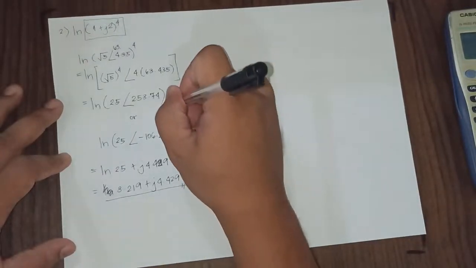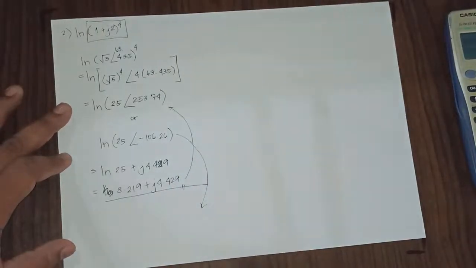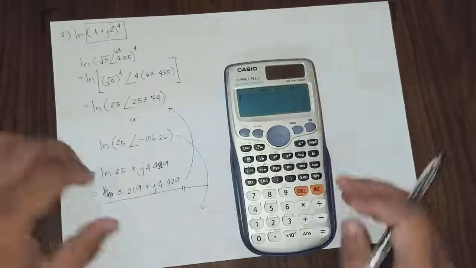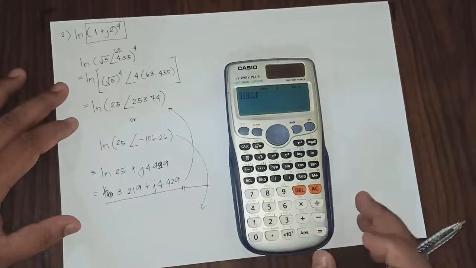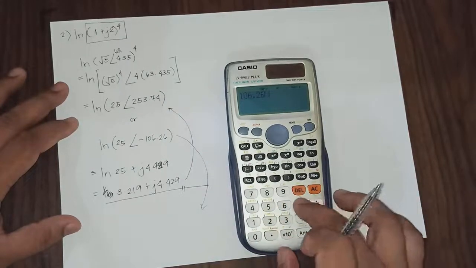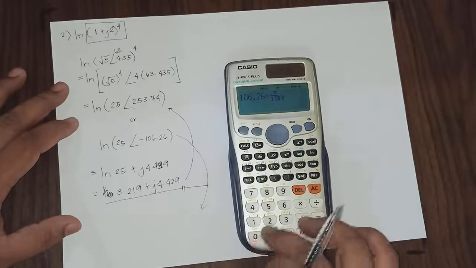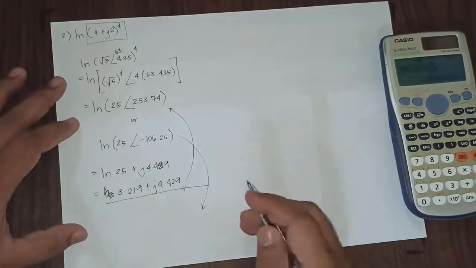Kung yun yung ginamit ninyo, no? What if ito naman yung ginamit ninyo? So that is just, siyempre yung negative niya, negative, or sabihin natin 106.26 times pi all over 180. 1.855, no?